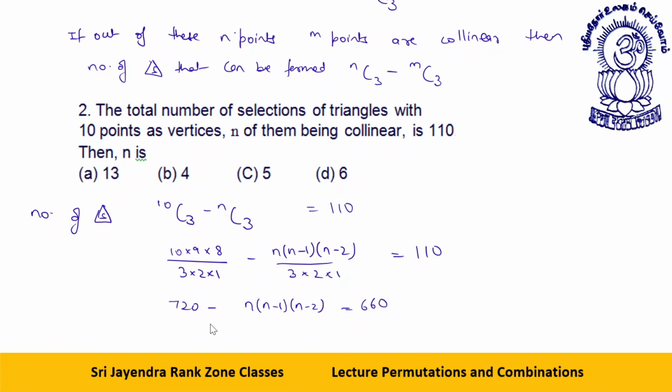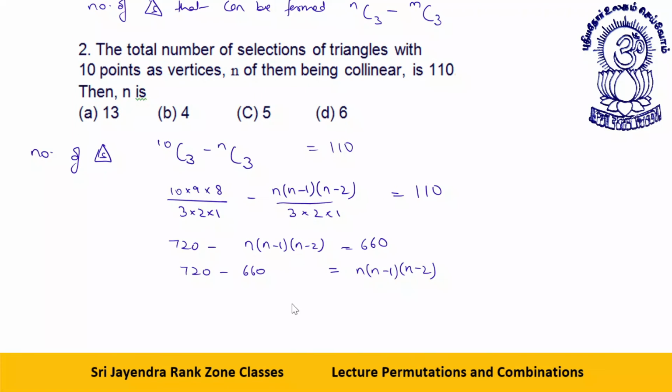So I get 720 minus 660 is equal to n into n minus 1 into n minus 2.